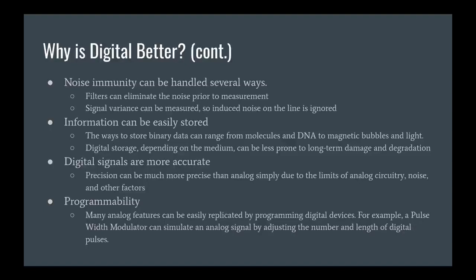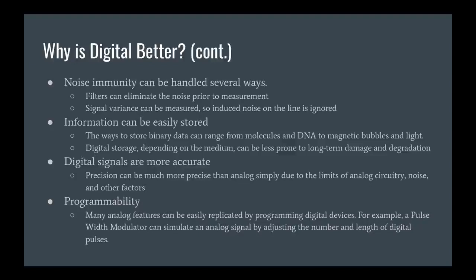Noise immunity can be handled easier in a digital circuit. You can have filters, which will eliminate the noise prior to measurement. You can also have filters in analog systems, but because of those arbitrary high-low values that we've decided, your filters can help set up that high-low value.